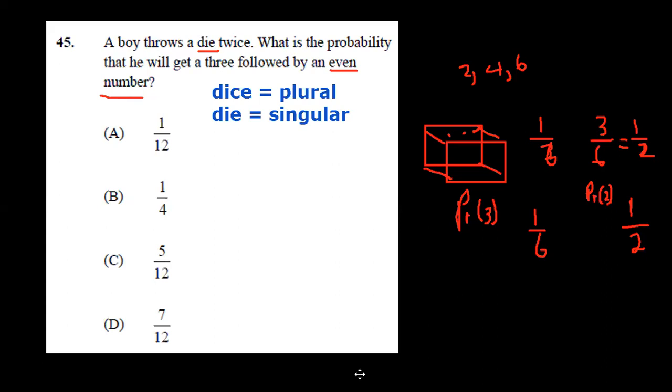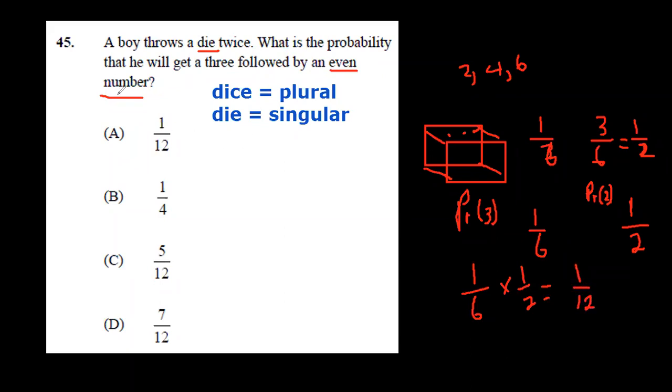Now, how are we going to find the probability? If the 2 events can happen one after the other, you multiply. In other words, when you throw the die, is it mutually exclusive, or is it conditional? In this case, it's going to be 1 over 6 times 1 over 2, which is 1 over 12.